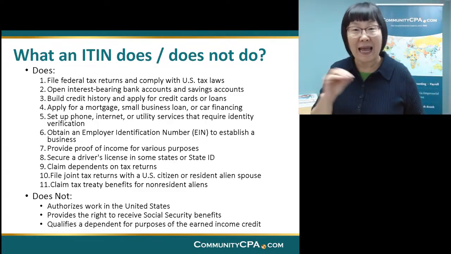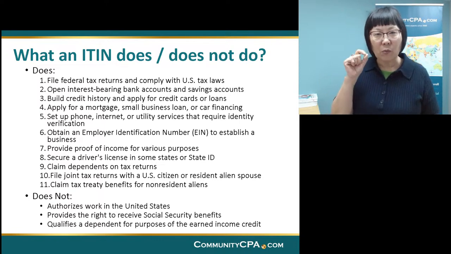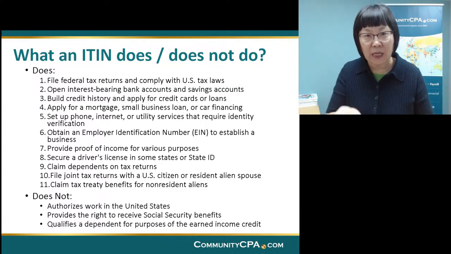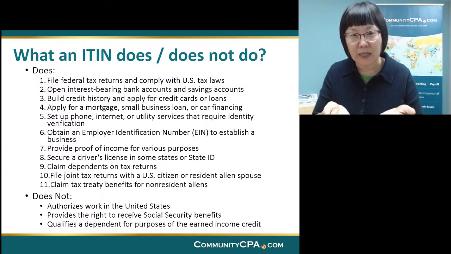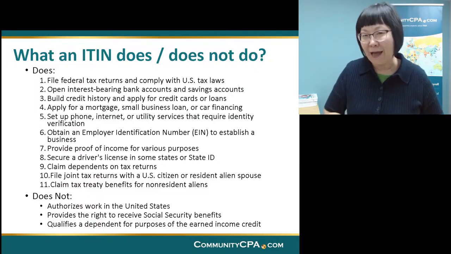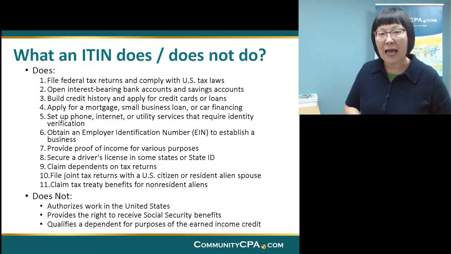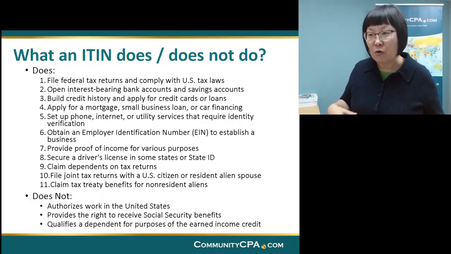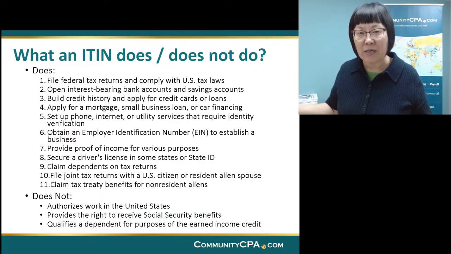And all ITIN numbers start with the number 9. So if you see anybody holding out a social security number to you, but it starts with a 9, that just means it's not a social security number. It is an ITIN number. As an employer, you need to know that, because you may be hiring this person for the whole year, treating that number as a social security number.